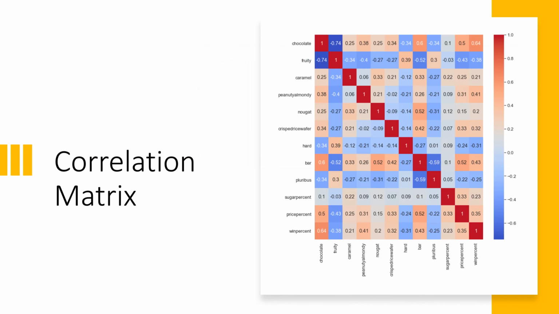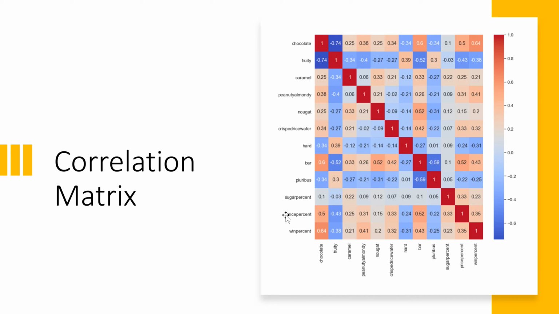Here then is the correlation matrix that is generated from the code in the previous slide. Here on the left side we see chocolate, fruity, caramel, peanutty, almondy. Again, here down on the bottom on the x-axis is chocolate, fruity, caramel, peanutty, almondy.